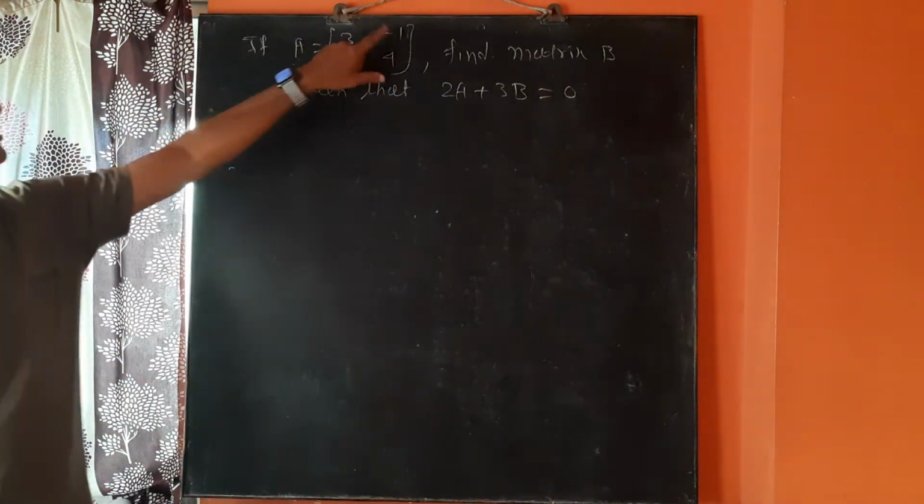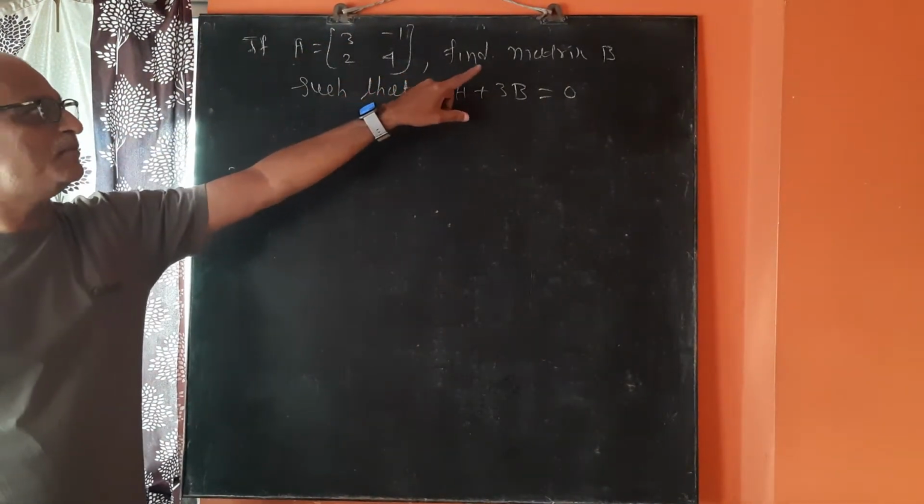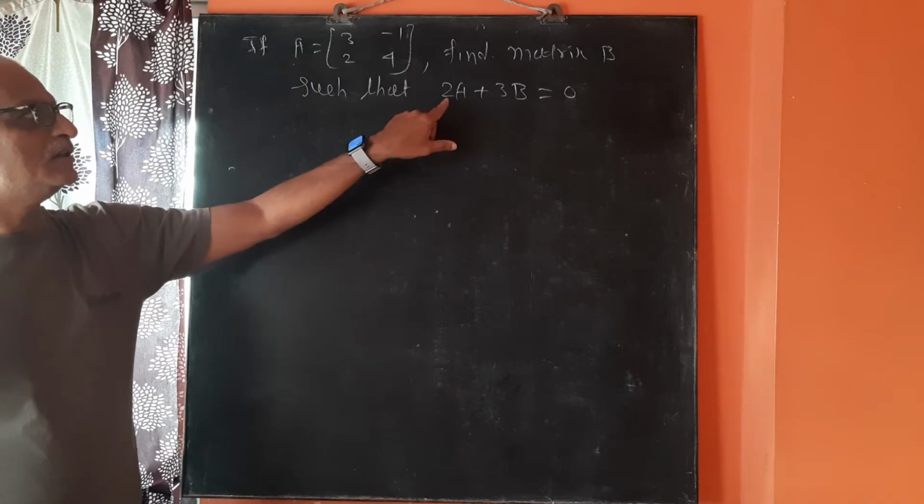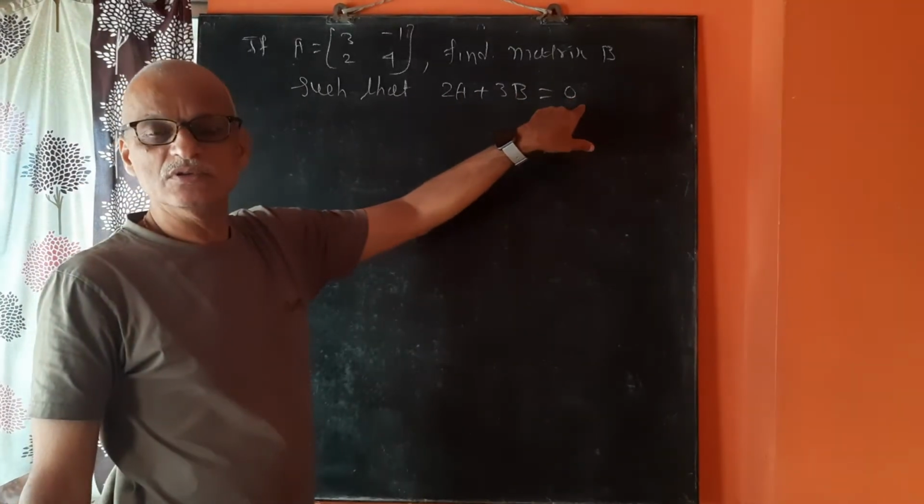If A equals 3, minus 1, 2, 4, we have to find a matrix B in such a way that the value of 2A plus 3B is equal to 0.